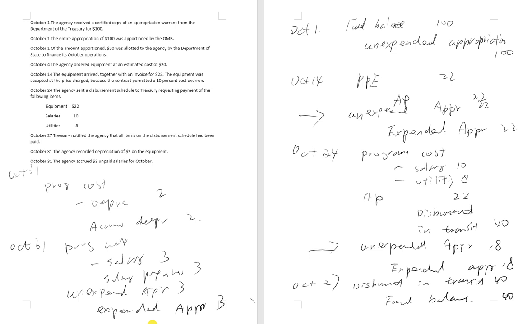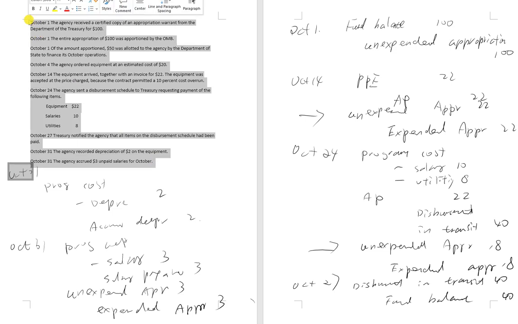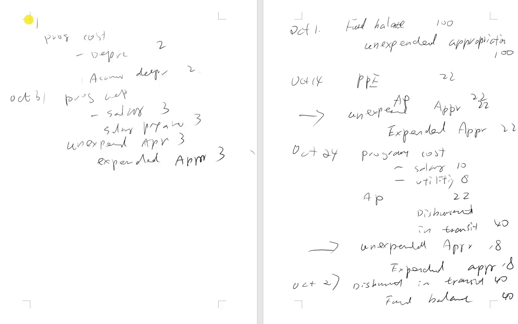Next, we're going to report the financial statements. Right, next, we're going to do the financial statements. All right, to save some space. So first, we're going to do the balance sheet.